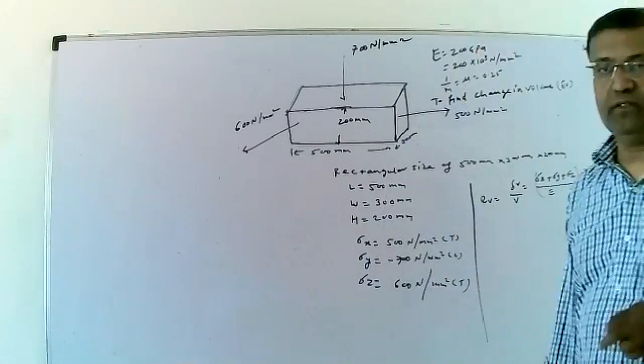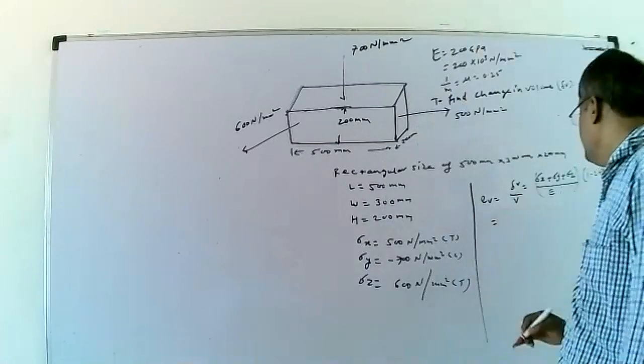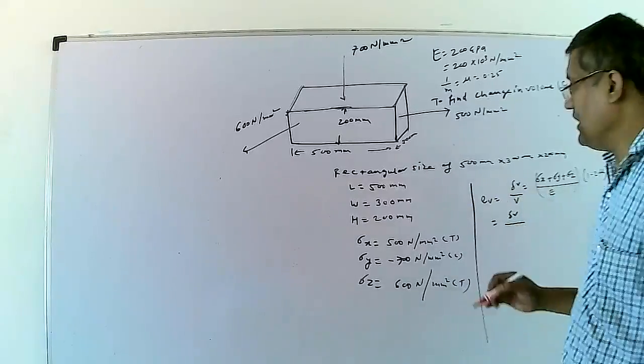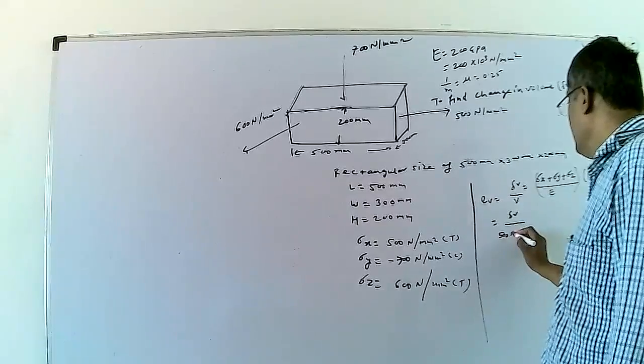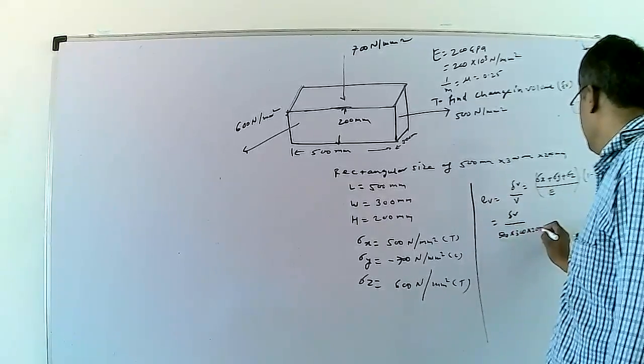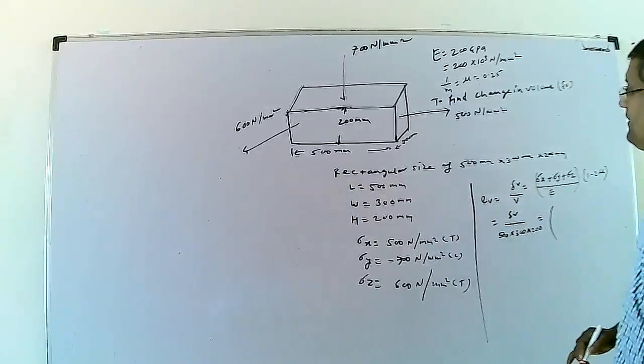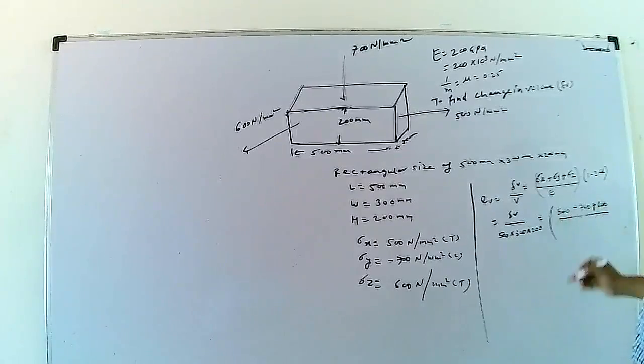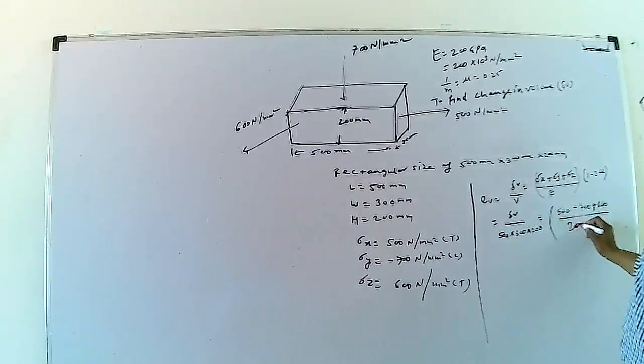Then here we put the values. Delta V. V means length into width into height, 500 into 300 into 200. In brackets, sigma is 500 minus 700 plus 600, divided by E, 200 into 10 raised to 3, into 1 minus 2 into mu, 0.25.